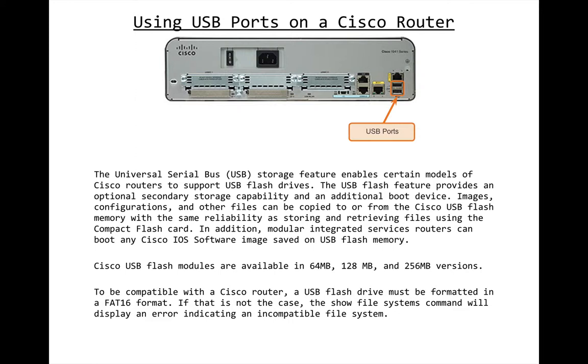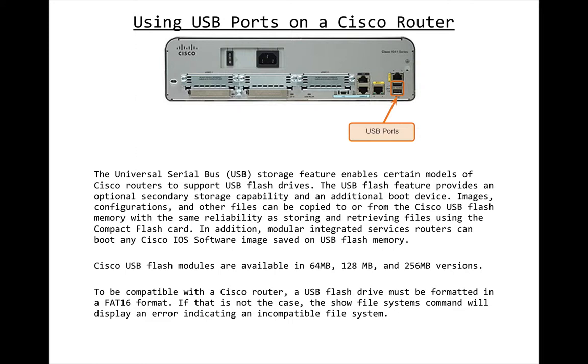On one of the early slides, we saw that we could have USB flash drives. This is the back of a router, and they've highlighted two USB ports. And what you can do is plug those in and use them as secondary storage.